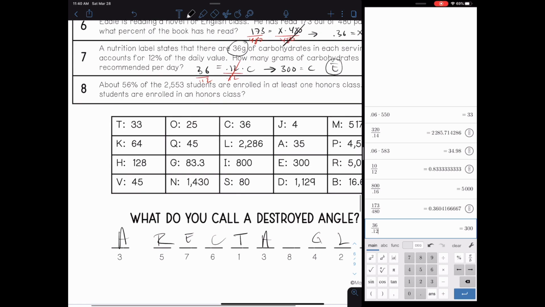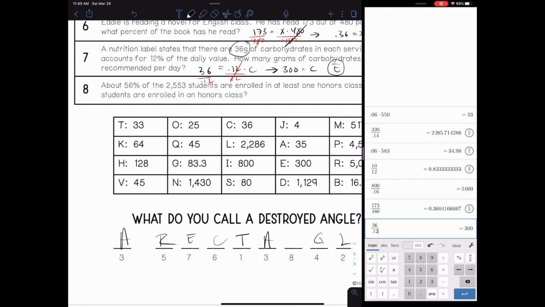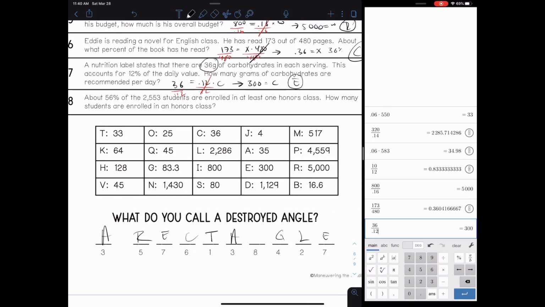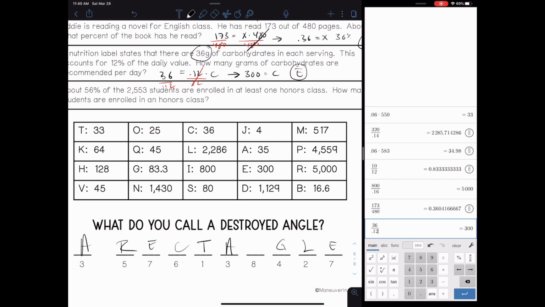All right. Number 8, about 56% of the 2,553 students are enrolled in at least one honors class. How many students are enrolled in an honors class? So part, that's the unknown, equals percent, 0.56, times whole. How many students is it out of? 2,553.